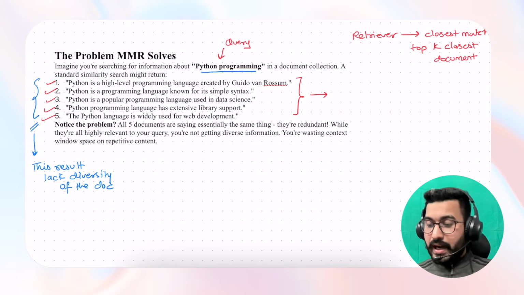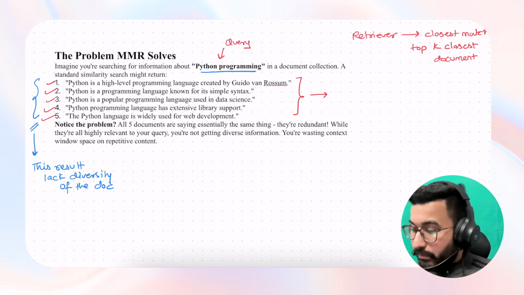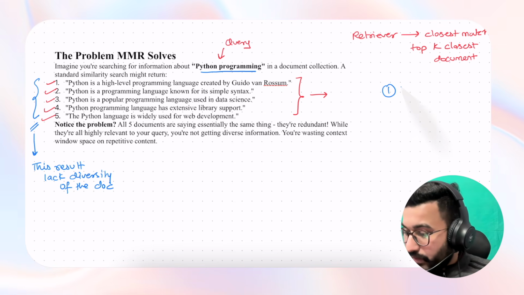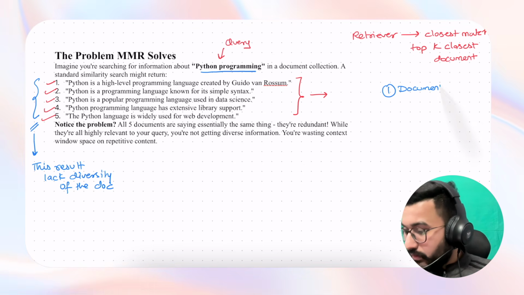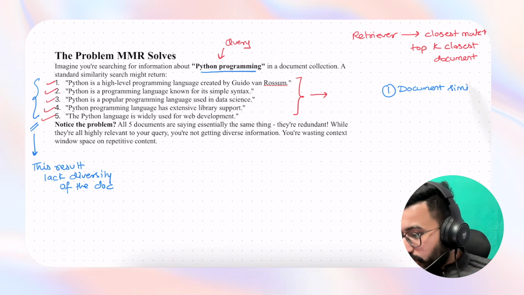So now there are two objectives. Number one objective is I need a document similar to the search query.